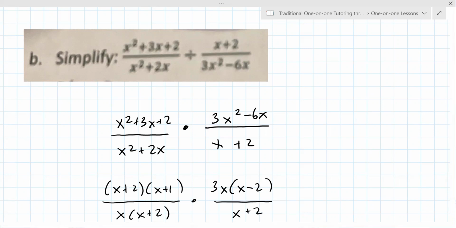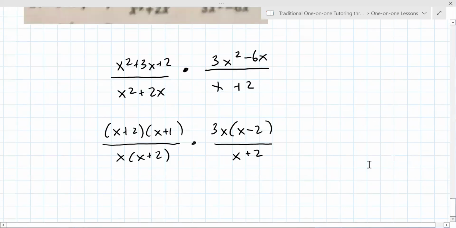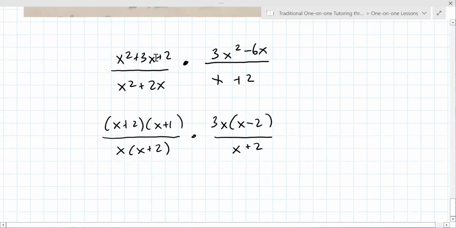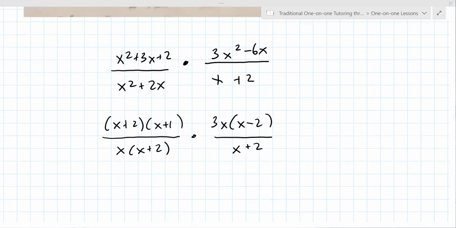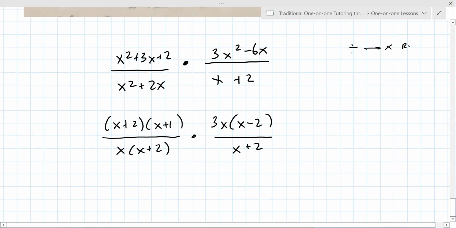All right. I think you did that correctly as well. Let me check there. You just didn't flip the one on the right. So again, division becomes multiplication by the reciprocal.